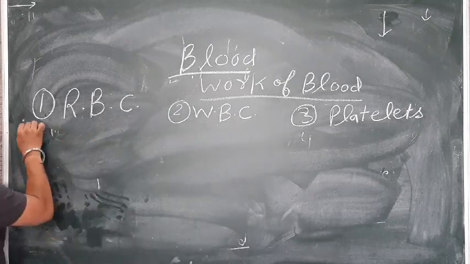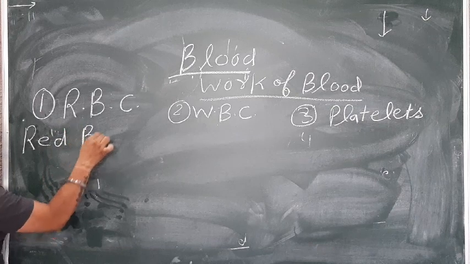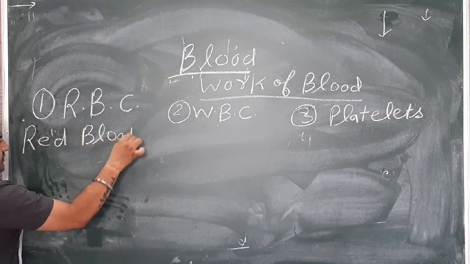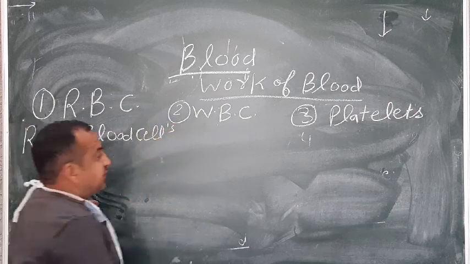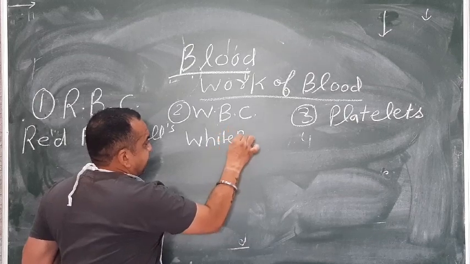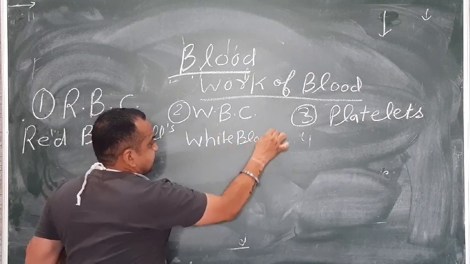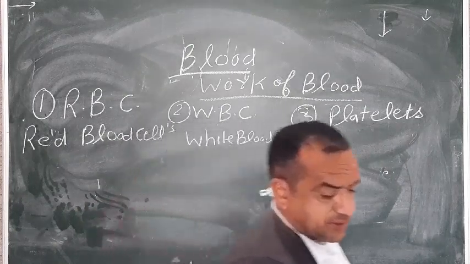The RBC full form is red blood cells. WBC means white blood cells.